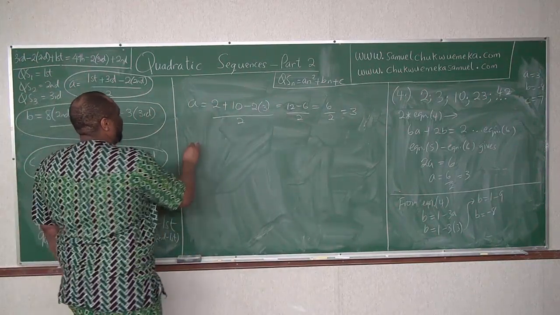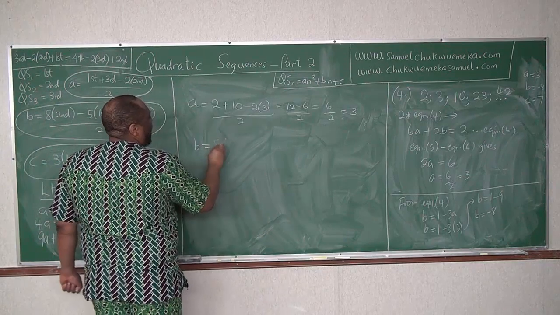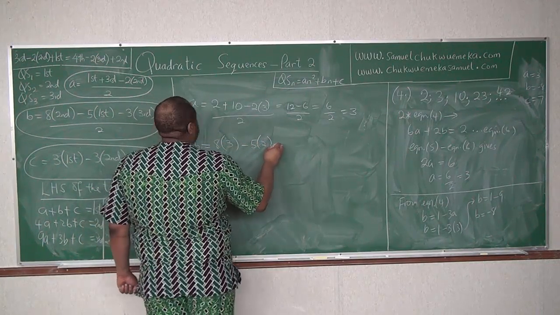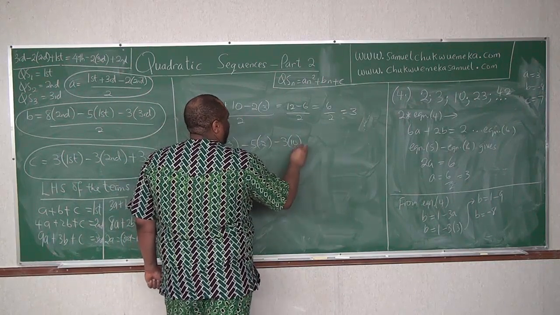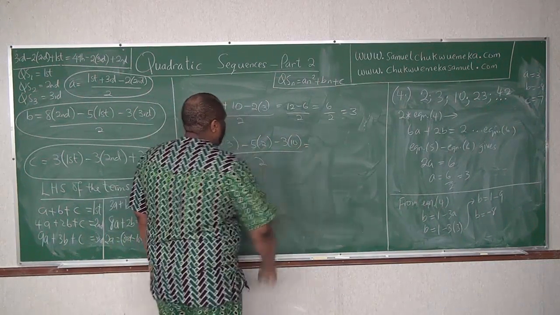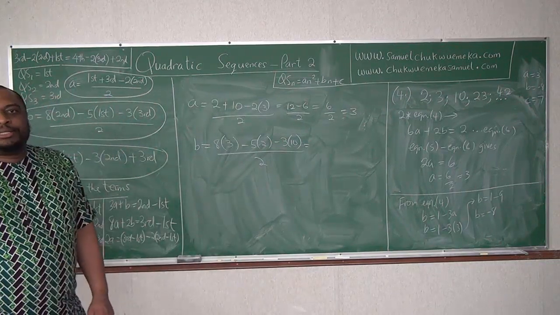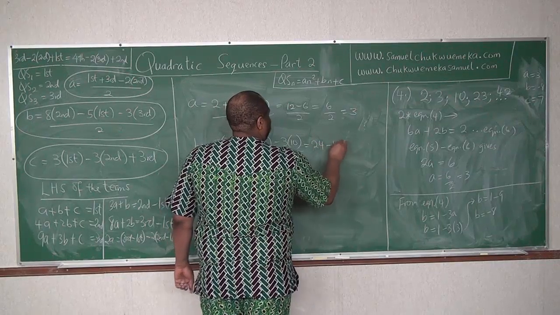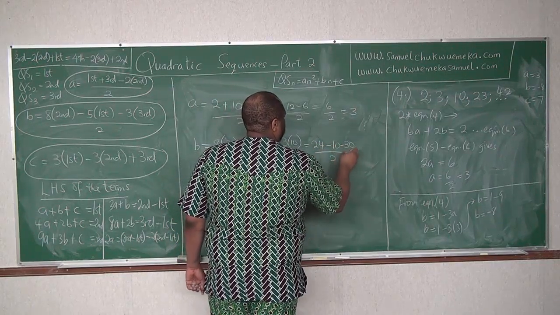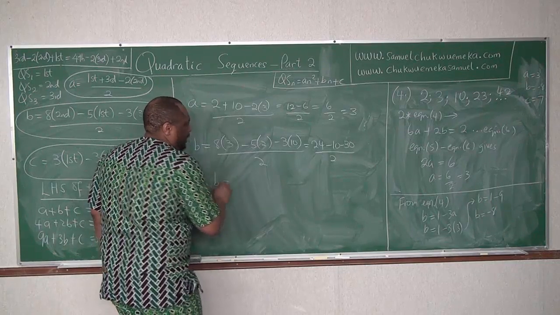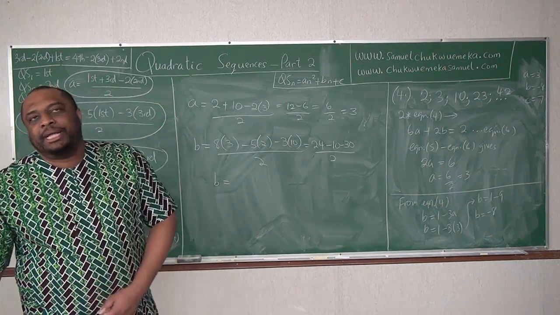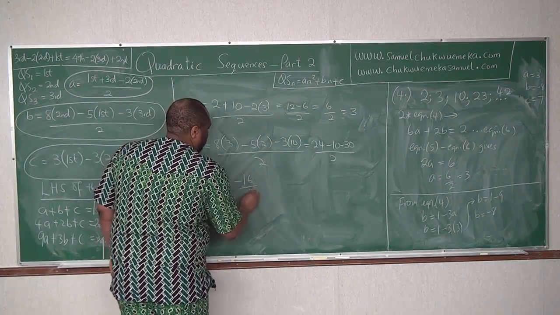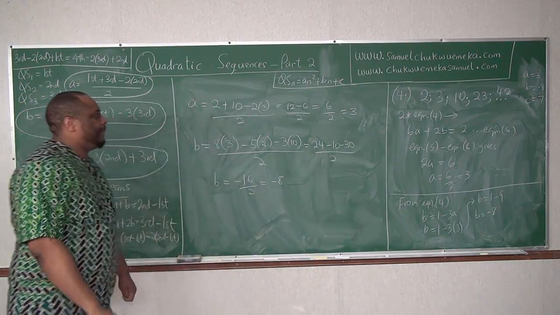Then B is 8 times 3 minus 5 times 2 minus 3 times 10, over 2. So this is 8 times 3, 24, minus 10 minus 30, over 2. So B is 14 minus 30, which is minus 16, over 2, which is minus 8.